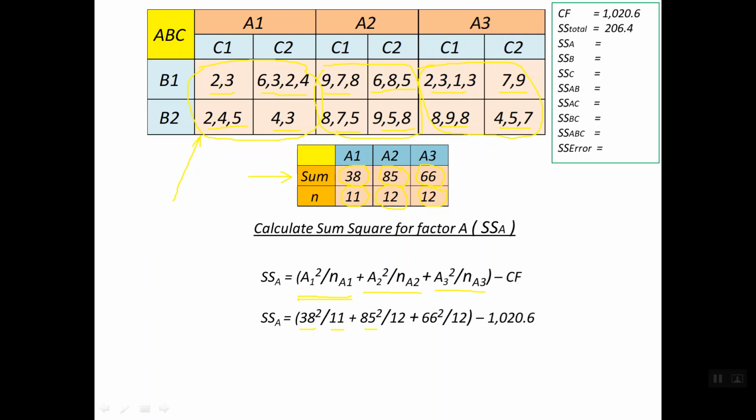This is for A2 squared, and this is n sub A2. This is for A3, we square it and divide it by the number of observations, and we subtract the value of the correction factor. So simply you can proceed. You will get the value of the SS for the first factor A to be 75.76.